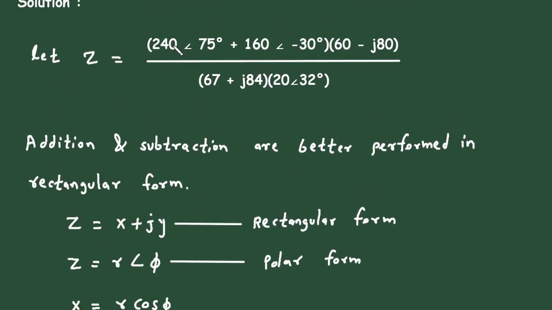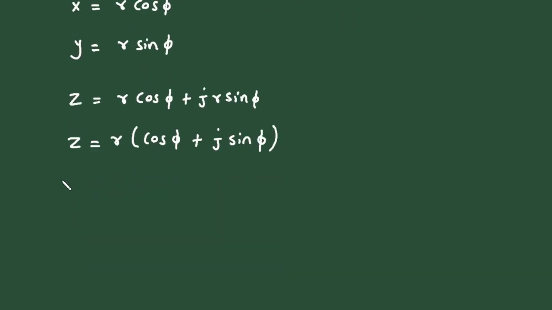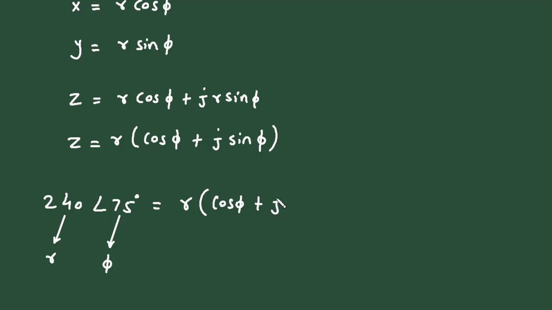So first of all, let's convert this 240 at an angle 75 degree. So this is the value of z, and here we can see this is the value of r, this is the value of phi. So we have to convert it into this form, r cos phi plus j sin phi. The value of r is 240 in bracket cos phi.